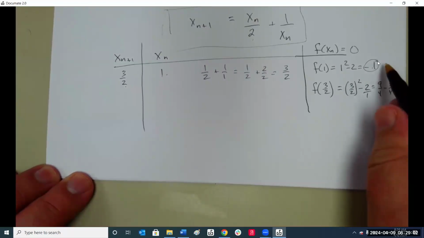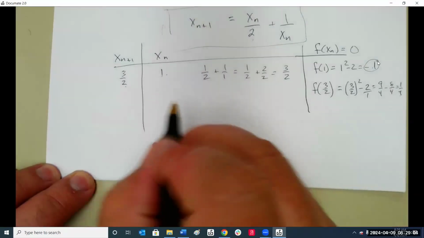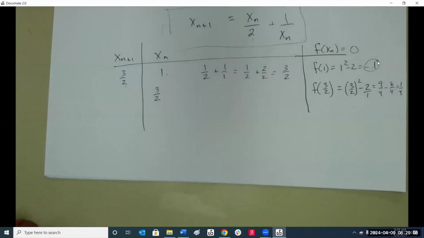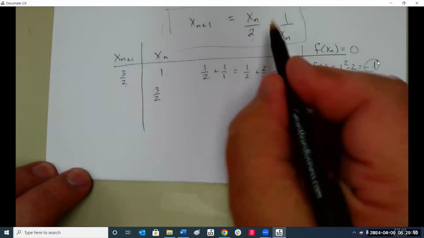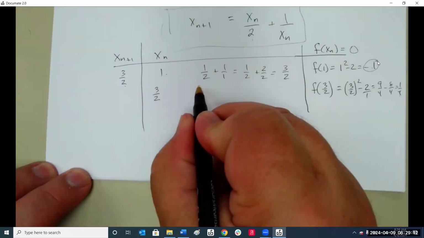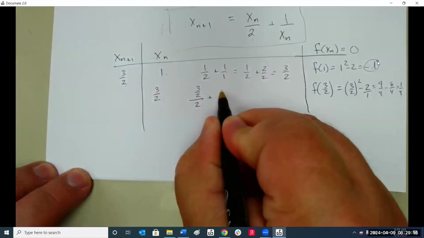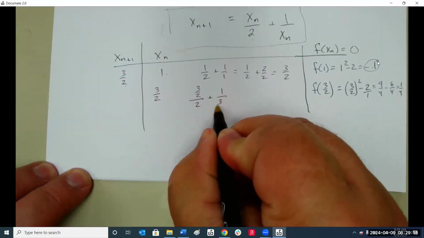So we're getting closer. So here we start off at 3/2. Plug them into this equation. We have 3 over 2 divided by 2 plus 1 over 3 over 2.